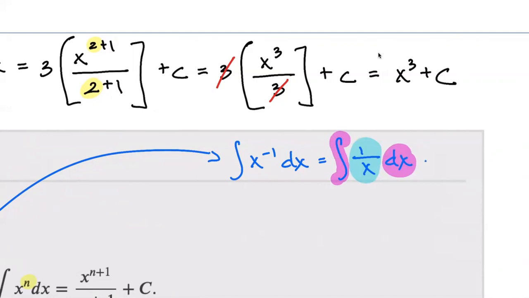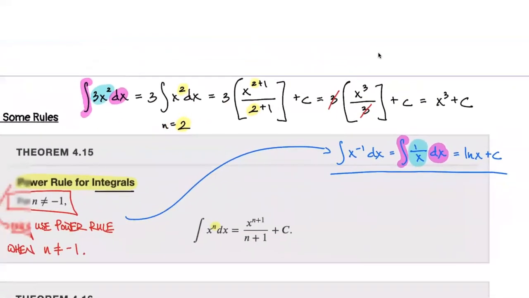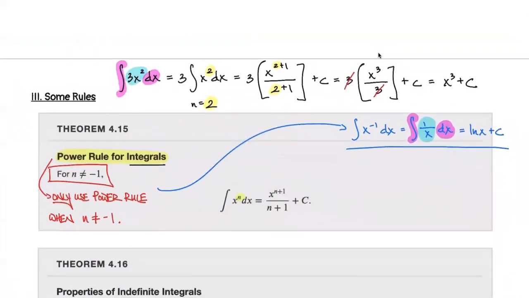I think we know from earlier in this lesson that it comes from the natural log of x. This is the reason why we cannot just use the power rule for every single power. That power of -1 is the one and only exception.